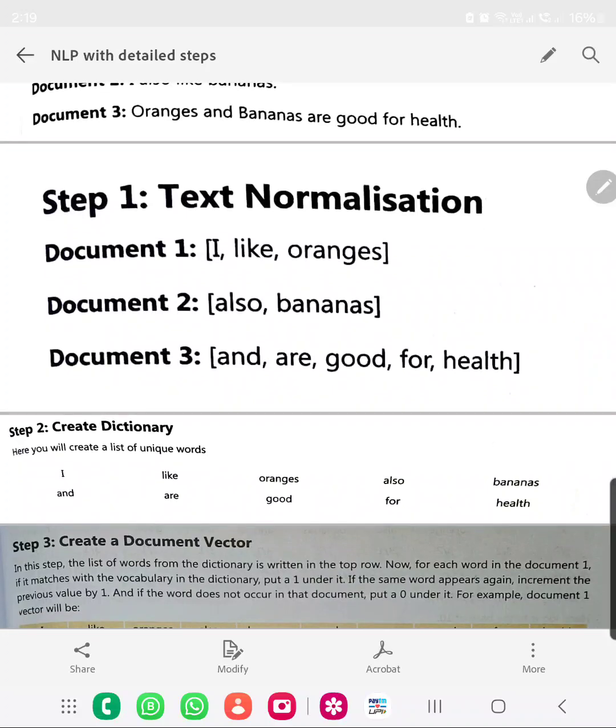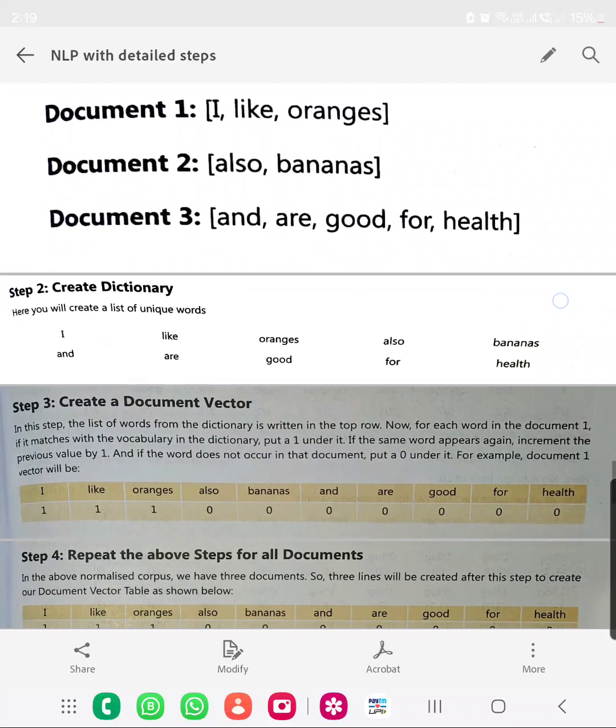The next step is taking all these words individually and creating a dictionary. So the unique words are I, like, oranges, also, bananas, and, are, good, for, health. All these words are written in the dictionary. Can you see that? So we create the dictionary from the above words.